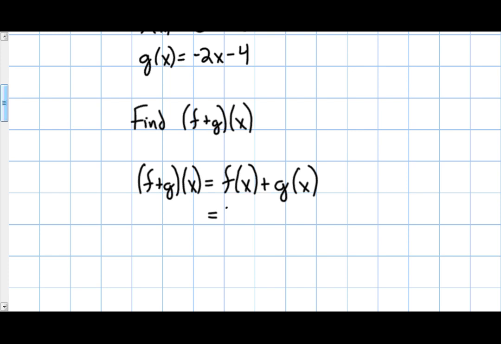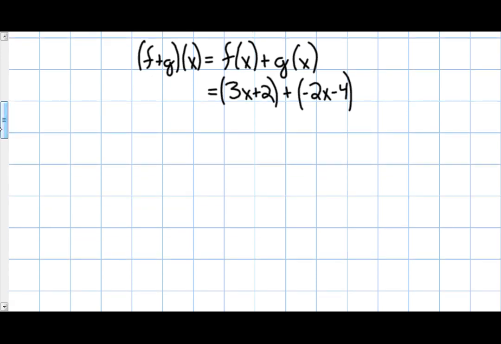So that means f of x, which equals 3x plus 2, I can add that to g of x, which equals negative 2x minus 4. Because it doesn't matter what order I add things in, I can go ahead and flip these things around.